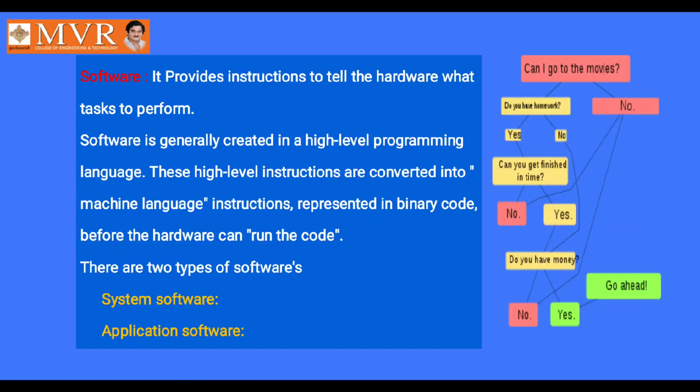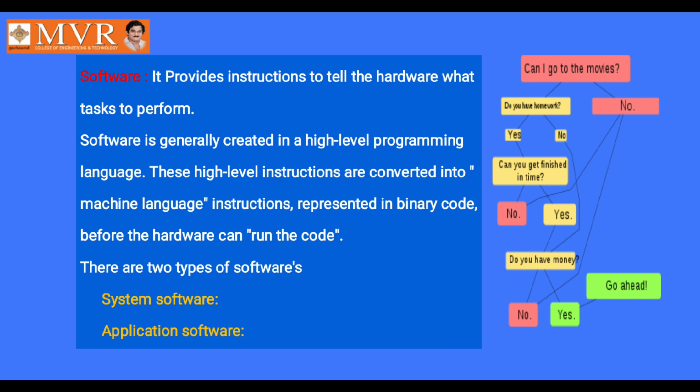Now the second part is software. I told you hardware and software. The physical component which you can see with your eyes is hardware, and software is a logical component of your computer.